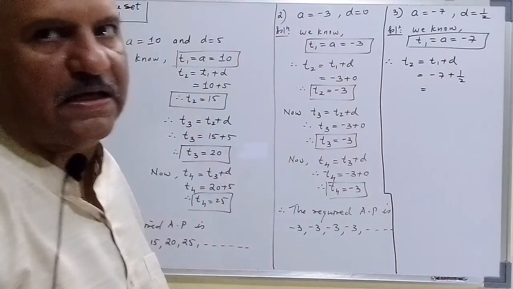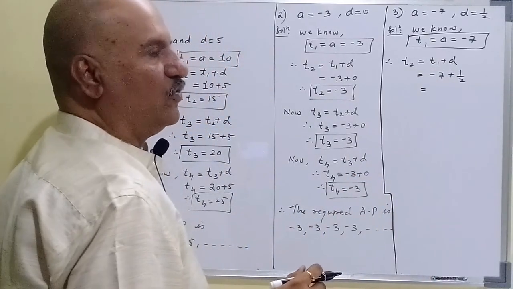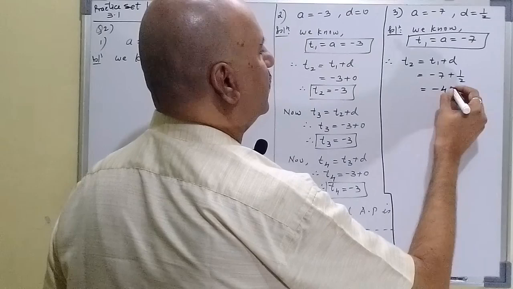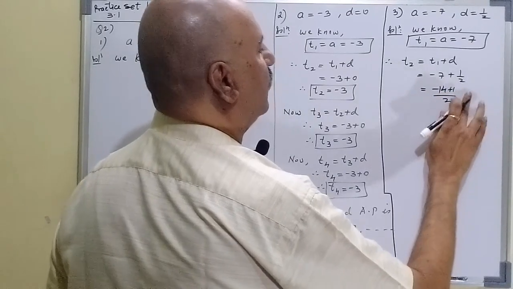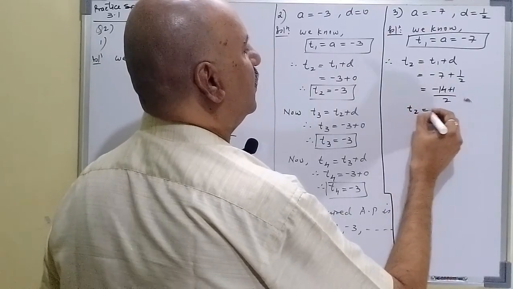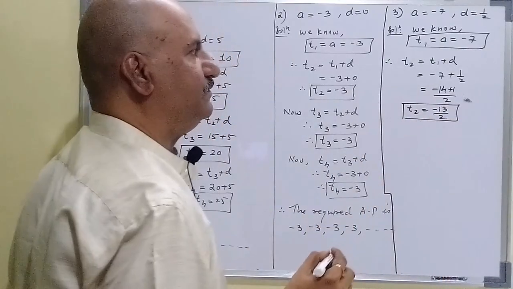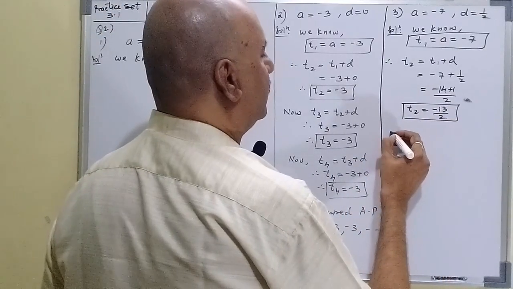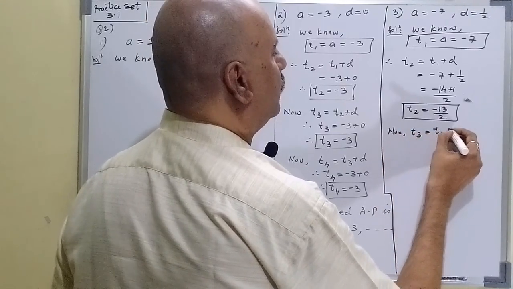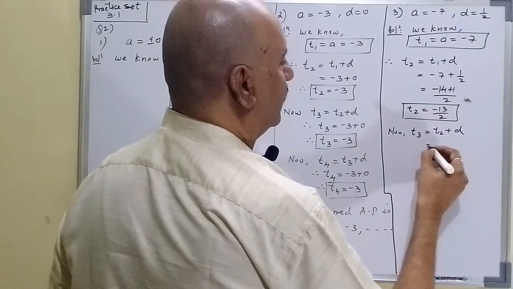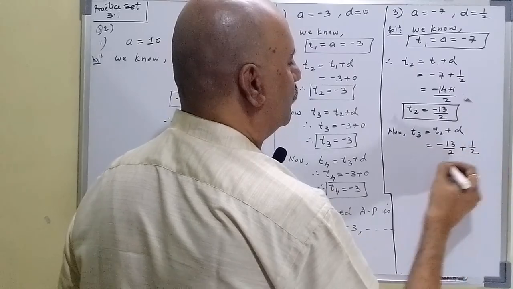-7 plus half. So 2 7s are 14. So ये होगा -14 plus 1/2. So what will be T2? It will be -13/2. So ये है second term. What will be T3 now? T3 will be T2 plus D. T2 is -13/2 plus 1/2.